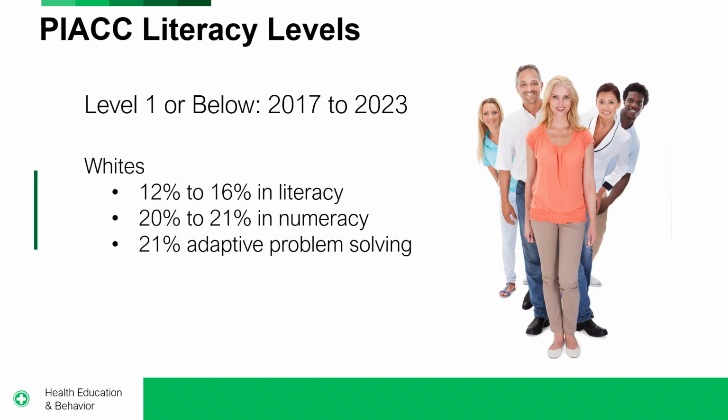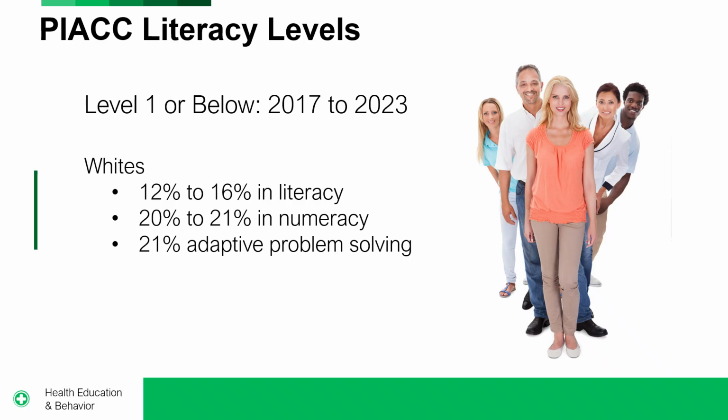So let us look at how literacy levels changed between 2017 and 2023. And unfortunately, these levels were actually increasing. Not a good thing. It means that we actually had more people who were not doing well with these literacy levels.